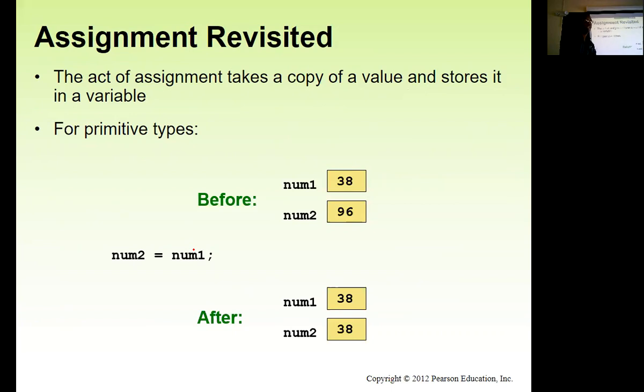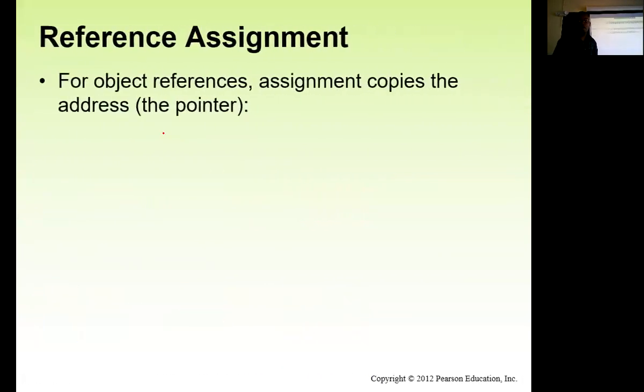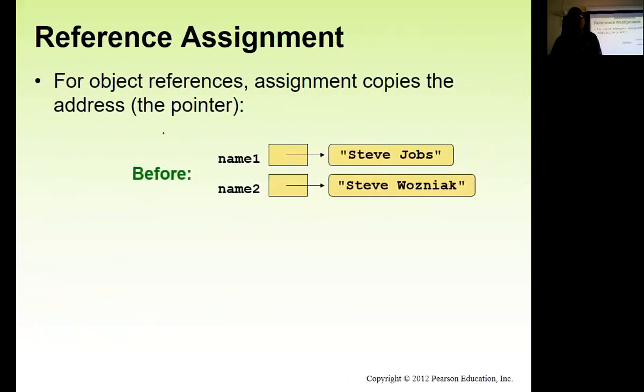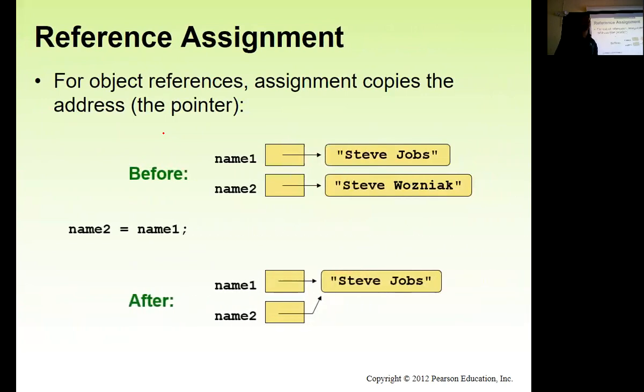You follow that? Good. Because in num1 is the actual value, and in num2 is the actual value. Why is that so? Because they are primitive types. Now, for object references, assignment copies the address, or the pointer. So name1 is pointing to Steve Jobs here.